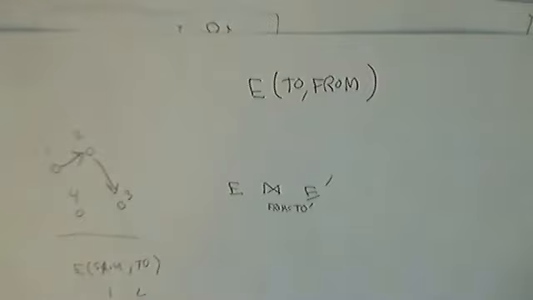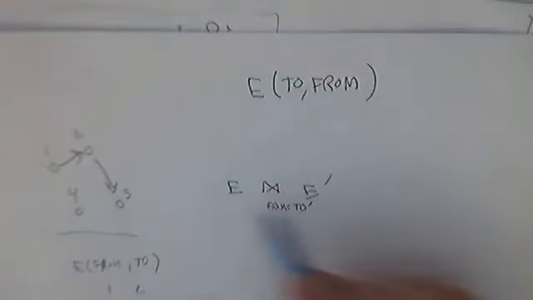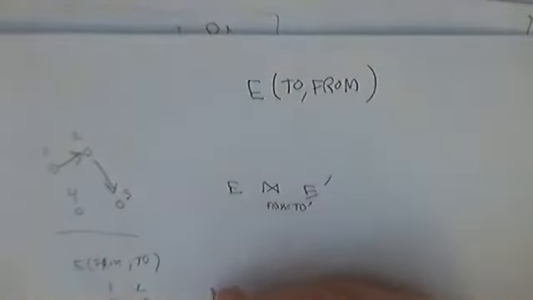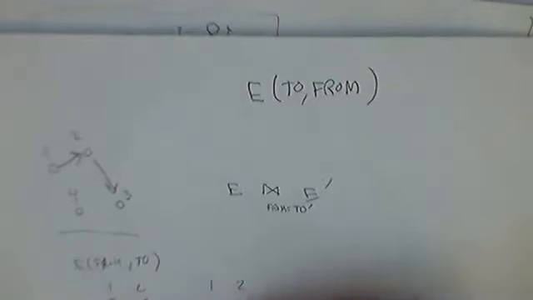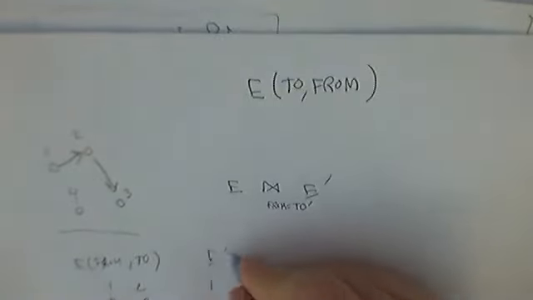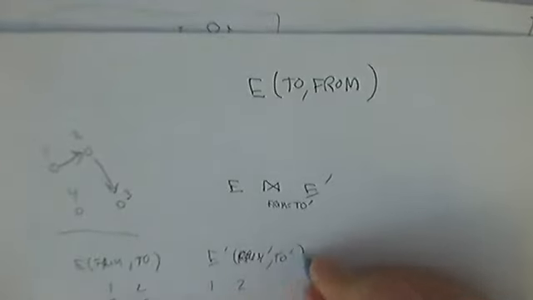So we're going to join these together. I'm going to make a copy of it, E prime, which is also 1, 2, 2, 3, with from prime, to prime.